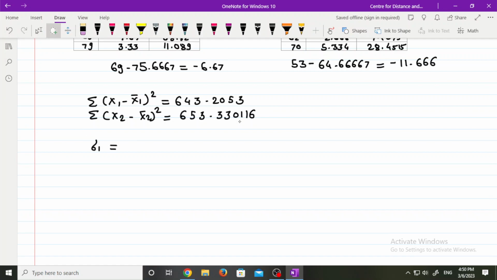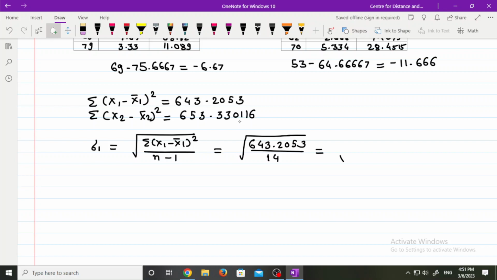Then we find sigma 1 and sigma 2. Sigma 1 is equal to the square root of summation x1 minus x1 bar squared divided by n minus 1, which is the square root of 643.2053 divided by 14.